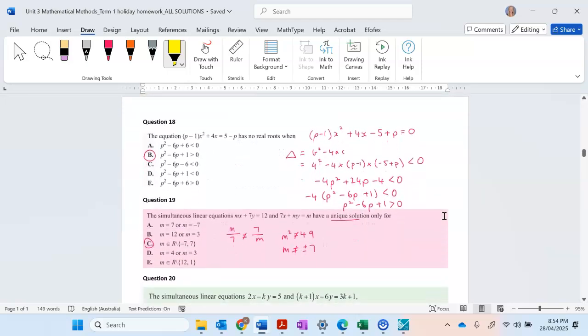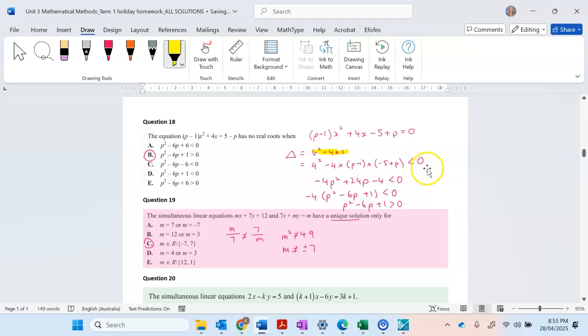All right, question 18. We're breezing through this one, guys. We've got this equation, has no real roots for... So we're just going to use the discriminant, b squared minus 4ac, substituting everything in. I'm just trying to think if you could put that into your calculator.